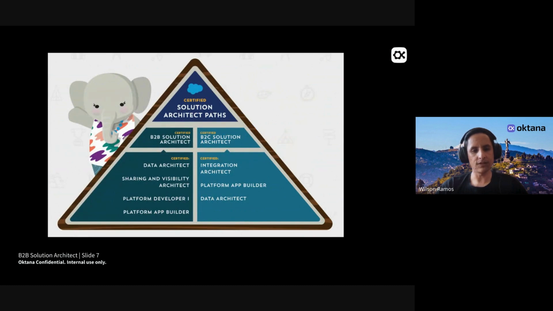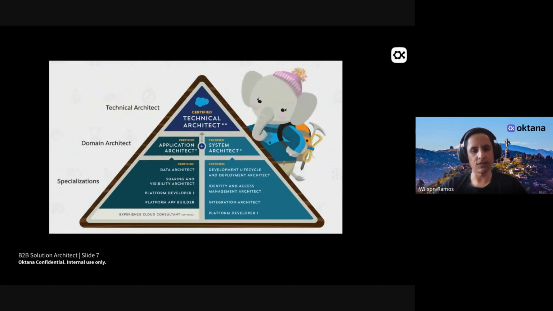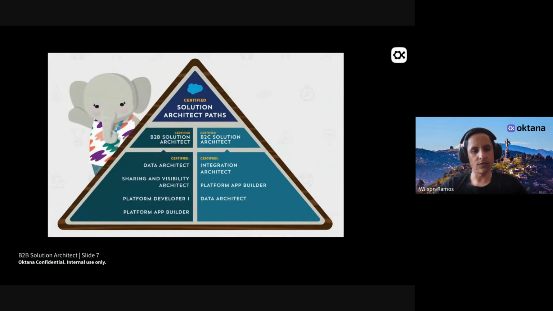The main difference is that, while those certifications just require you to achieve these prerequisites, here you have to take another test in order to achieve this. It's not enough to have all of these prerequisites. You will have to do another test, another preparation, in order to achieve the B2B Solution Architect. I would say that it's like a group of these certifications.